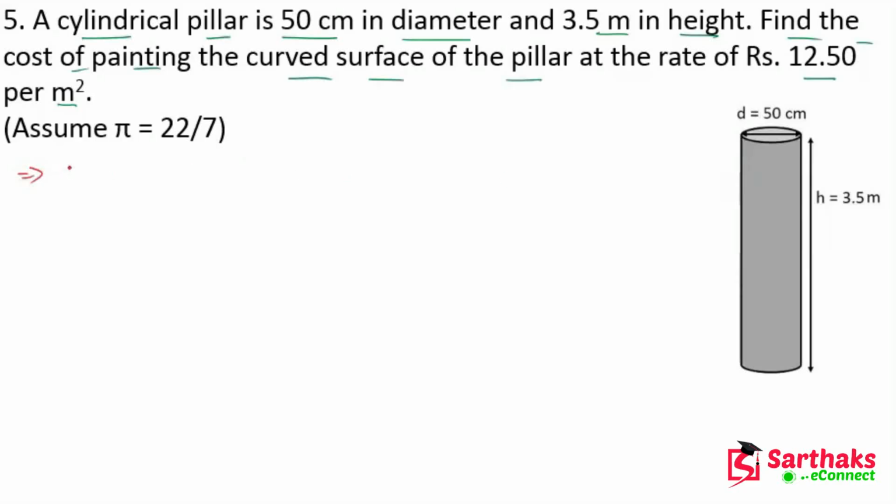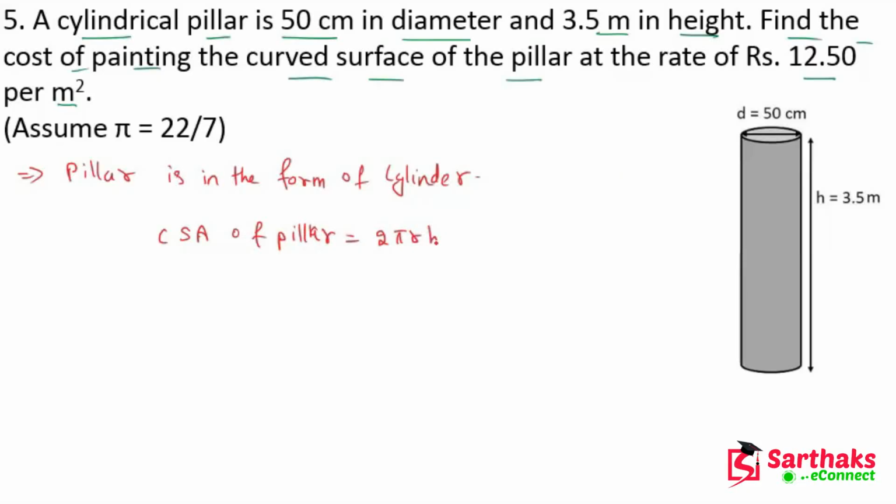The pillar is in the form of a cylinder. And the curved surface area of the pillar is what? We know that CSA of pillar is equal to 2 pi r h.